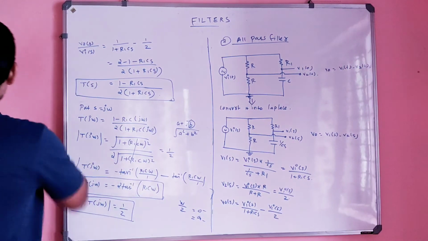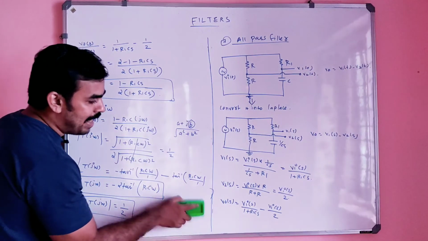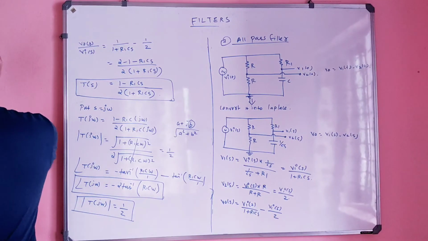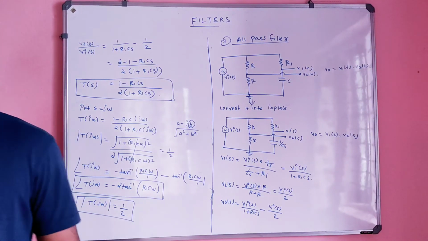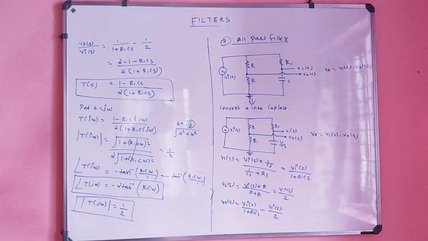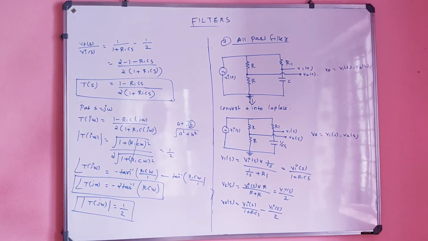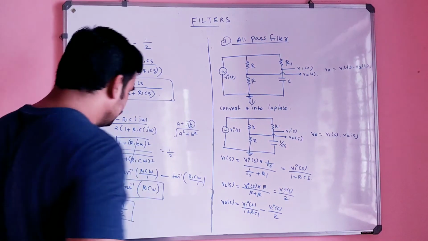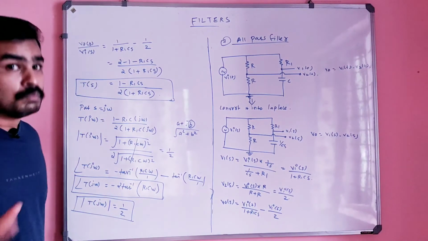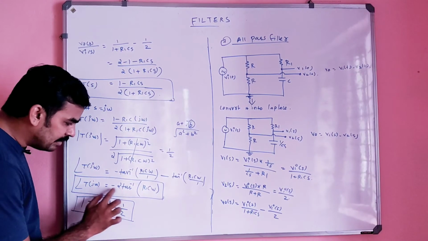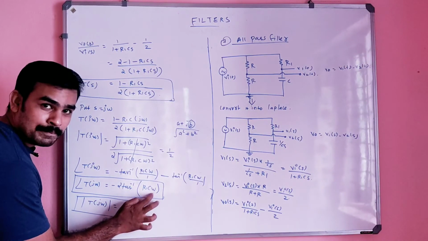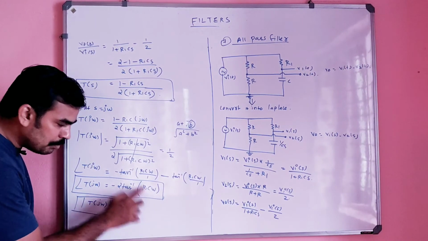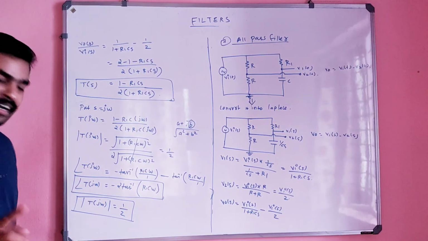But now, since the magnitude is constant and does not depend upon any other parameters like omega, we can say that it is an all pass filter. But the angle term contains omega.